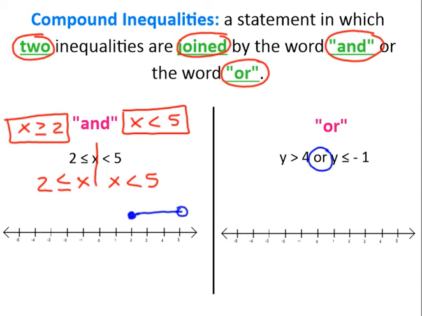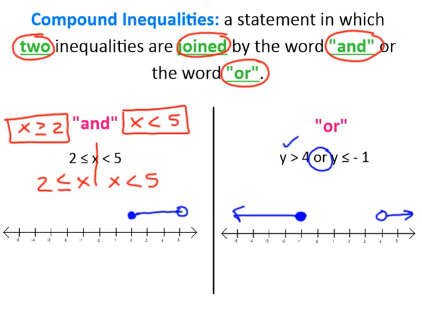And so your graphs are going to be polar opposites. Okay. So the first graph, y is greater than 4, and then y is less than or equal to -1. And that's what an or graph looks like.